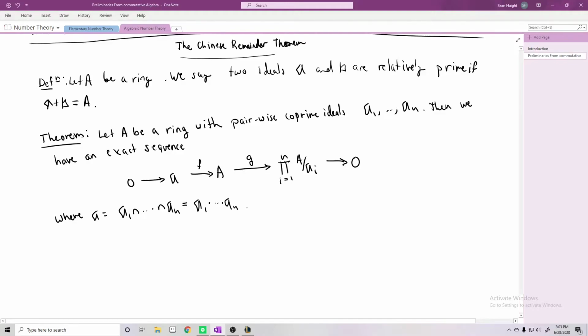F is simply the inclusion. And G is the sum of the projections, which takes a little a and gives me a plus a1, a plus a2, and so on.